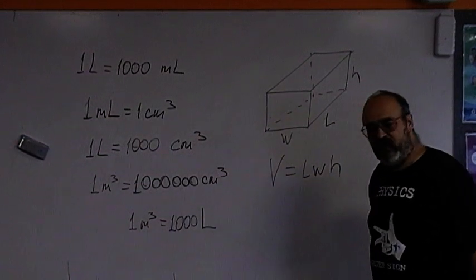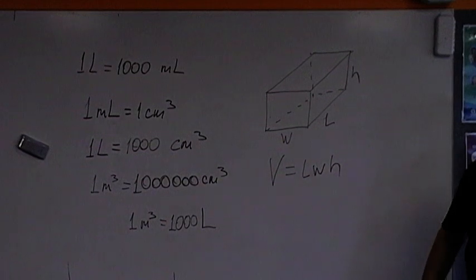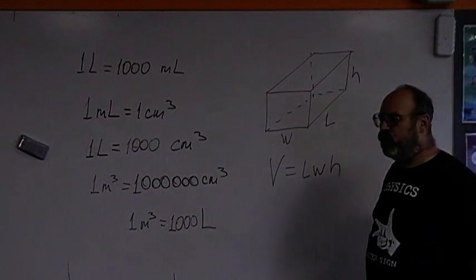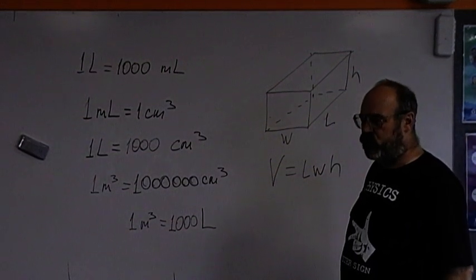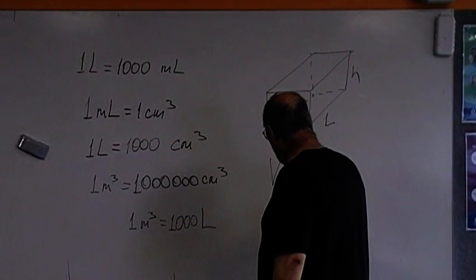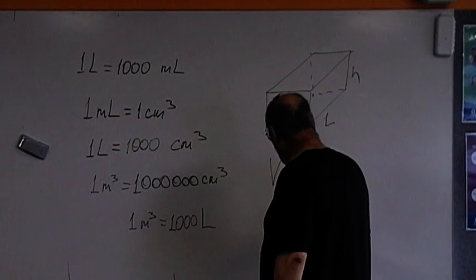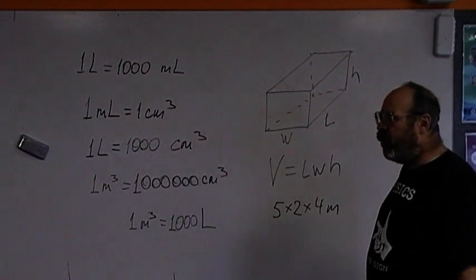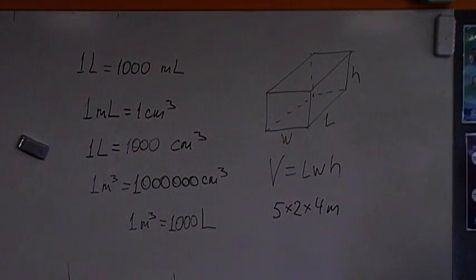Question: let's say you have a pool made exactly as a rectangular prism with the following dimensions, 5 by 2 by 4 meters. What will be the volume?